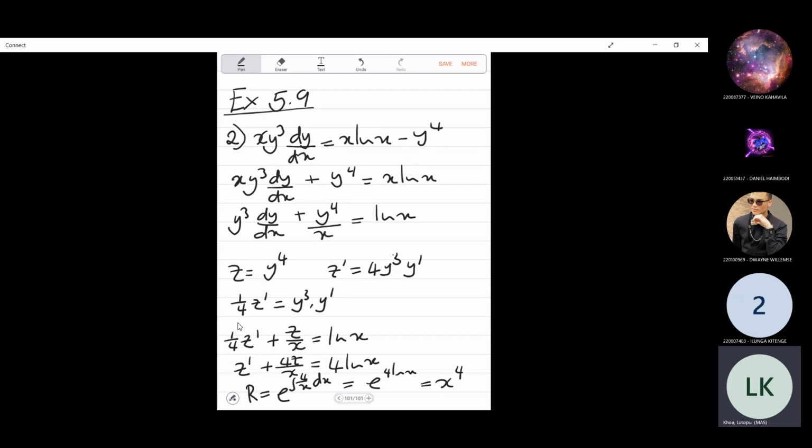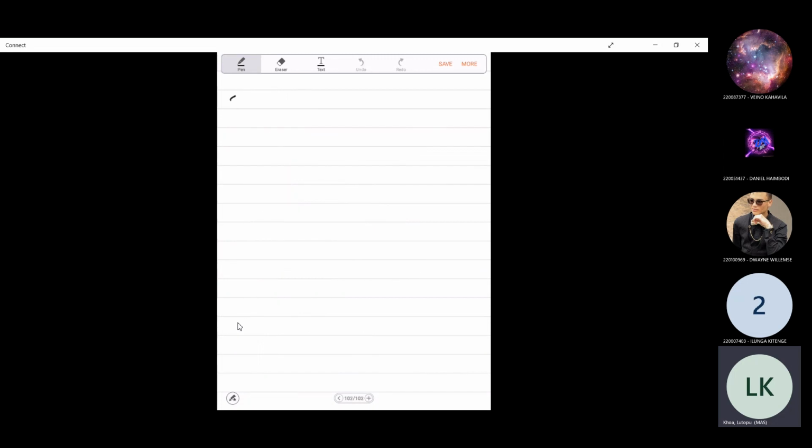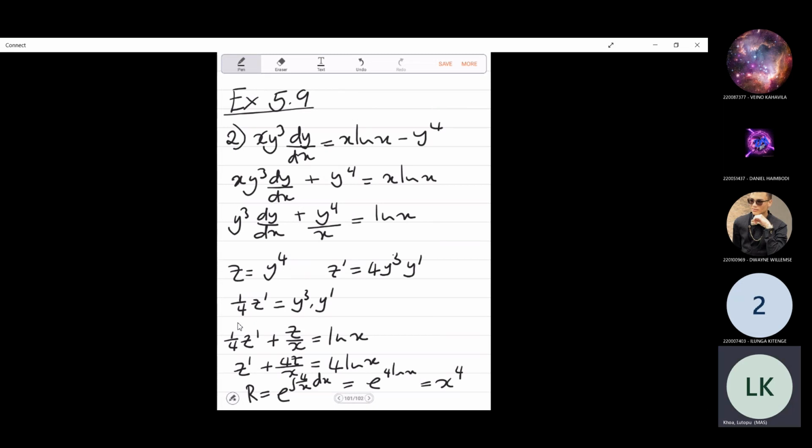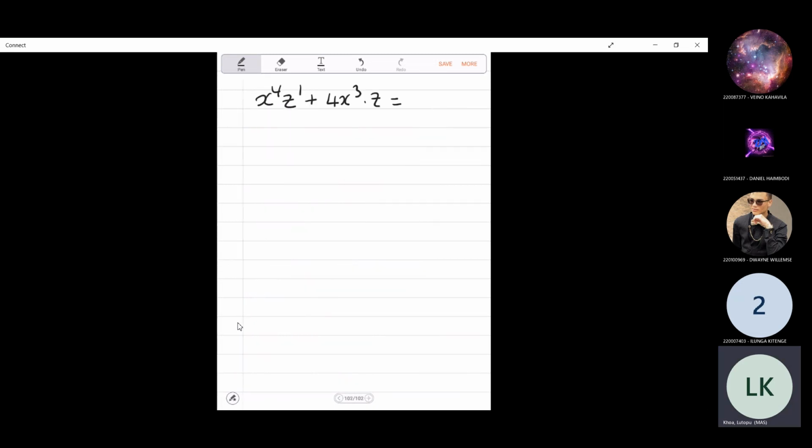So we have x to the power of 4 z prime plus 4x cubed times z. This is 4x to the power of 4 ln of x.